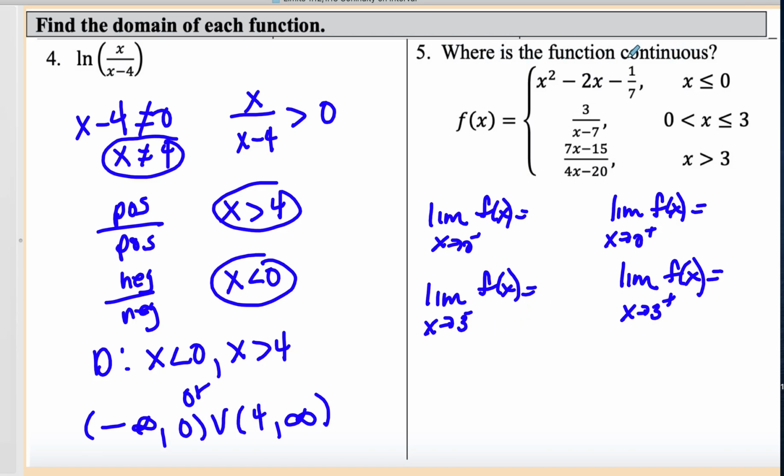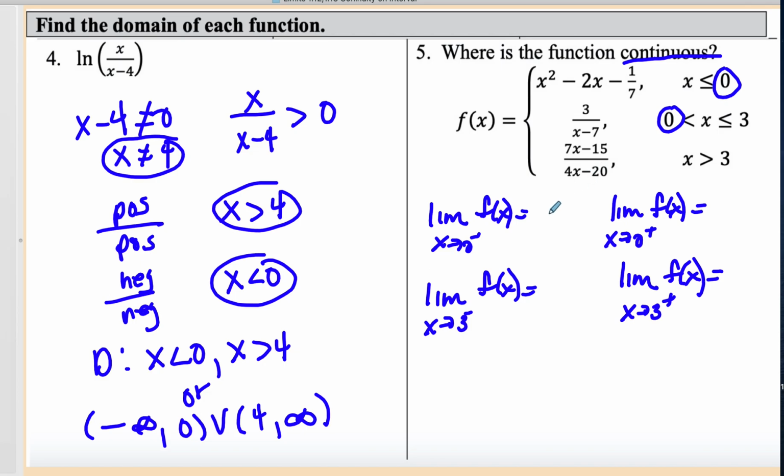Where is the function continuous? This question is not asking for the domain, it's asking where is it continuous. We can see this is a polynomial, so it's continuous. Actually, there's a value everywhere. What the question is, is it continuous? So we need to take a look at the limit as x approaches 0 from the left and the right.